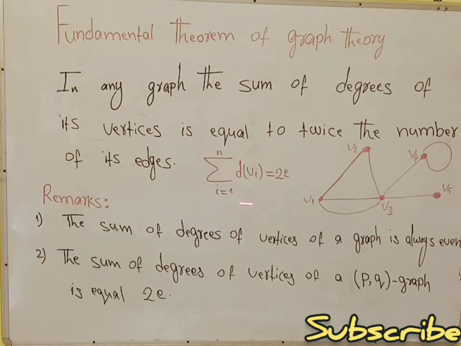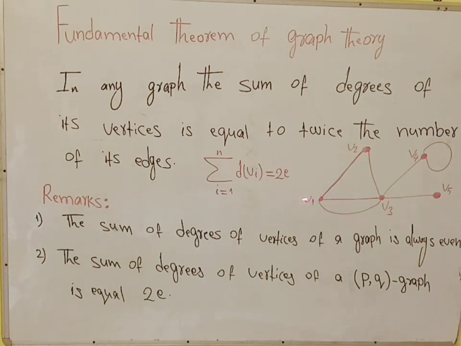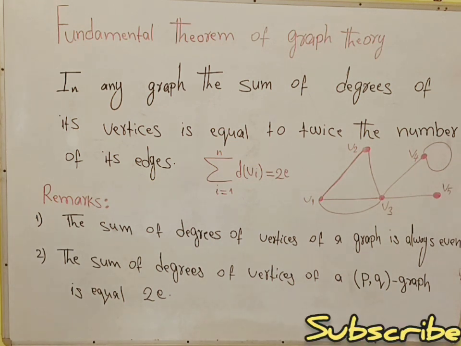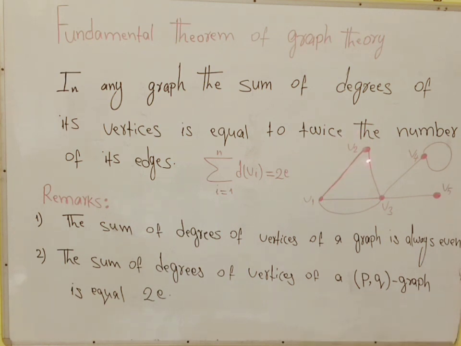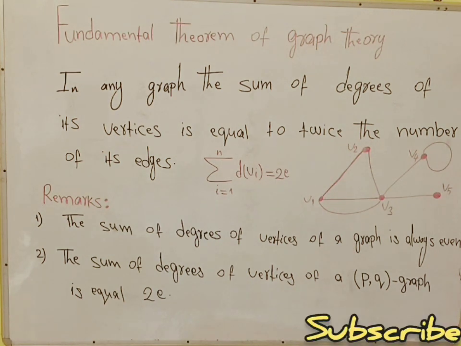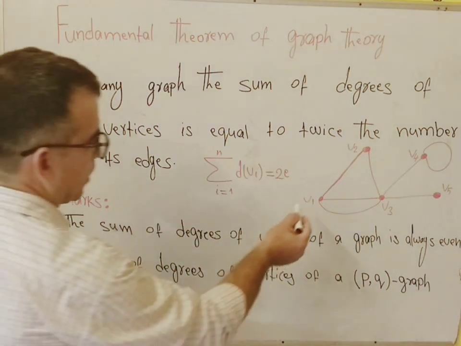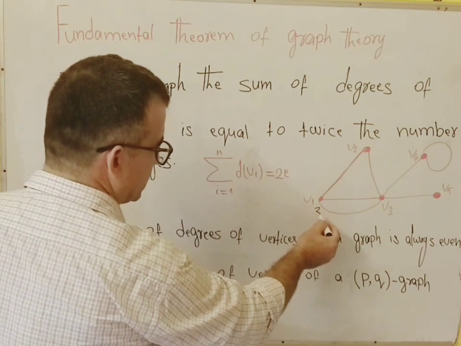Look at this example. As we know from the last videos, the degree of a vertex is the number of edges connected to that vertex. For example, the degree of vertex number 1 is 3.